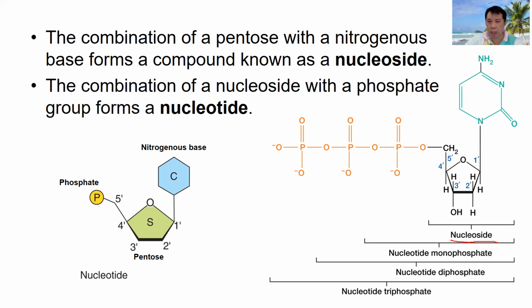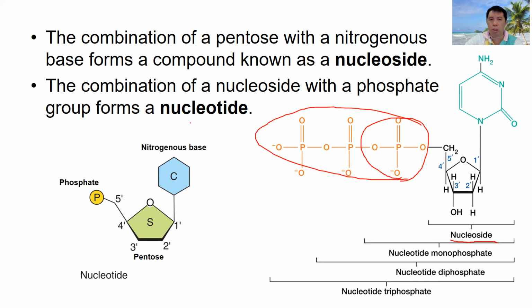If the nucleoside binds with a phosphate group, we call it a nucleotide. The specific name for one phosphate is nucleotide monophosphate. The nucleotide name depends on the name of the nitrogenous base.